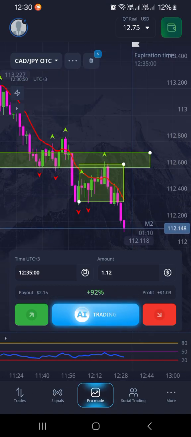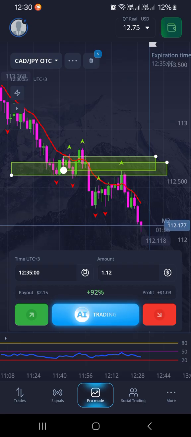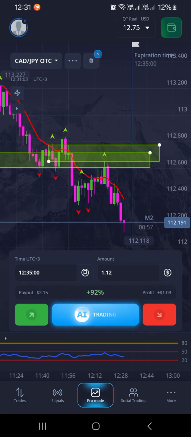I defined my entry by identifying a strong supply zone in the 2 minutes. So coming back in the 2 minutes, this is my refined entry.